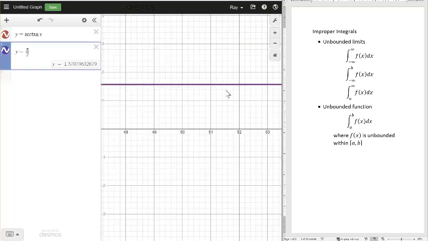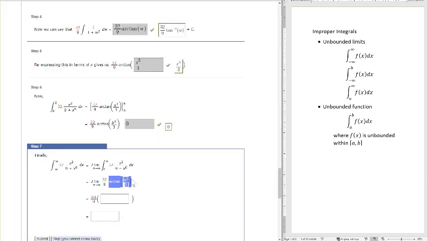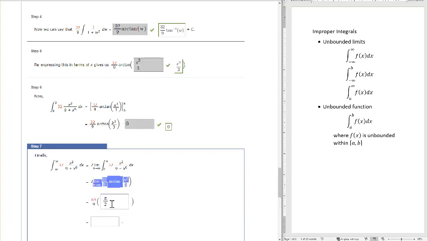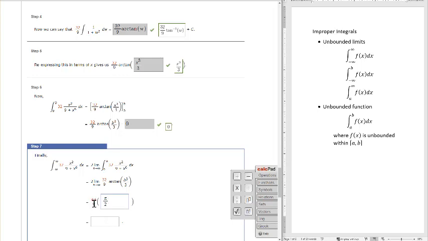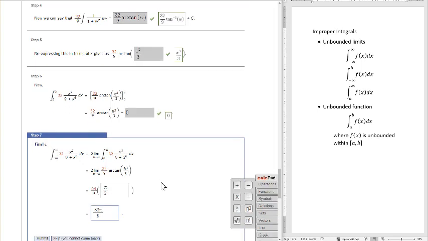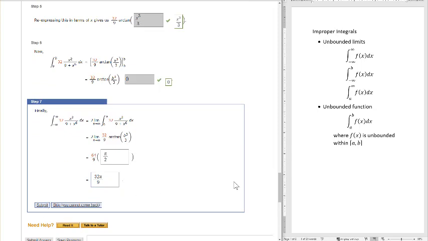So we essentially approach pi over 2. Okay, so we'll go ahead and put pi over 2 here as our limit, and then we just multiply this. Half of 64 is 32, so that's 32 pi over 9, which should be a pretty good answer for this.